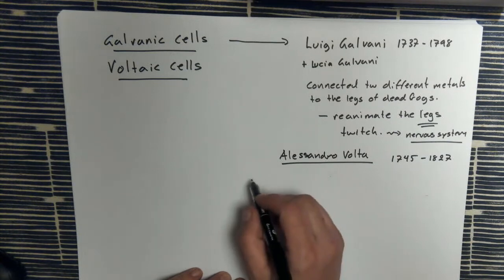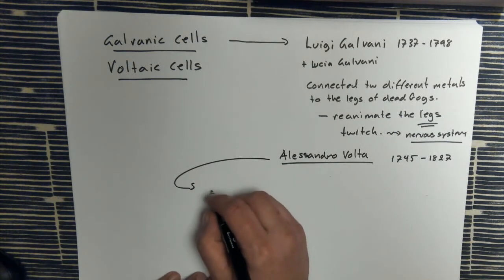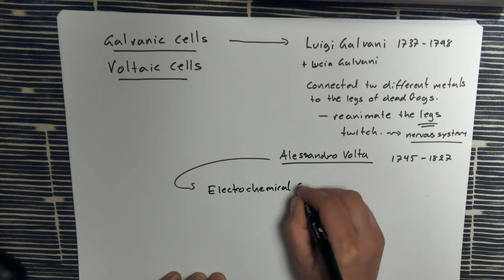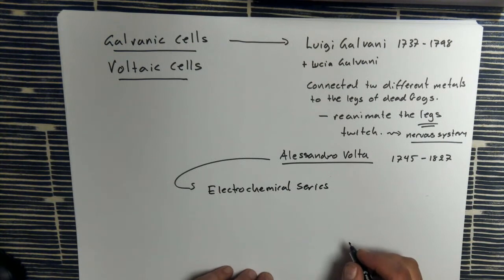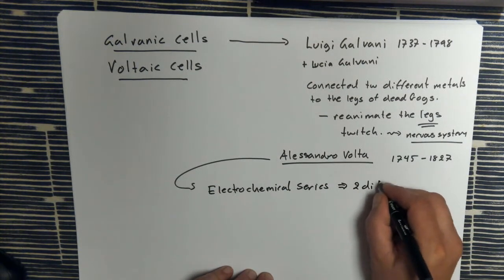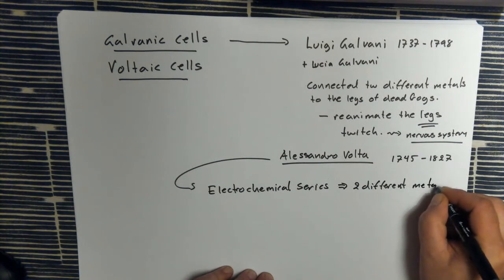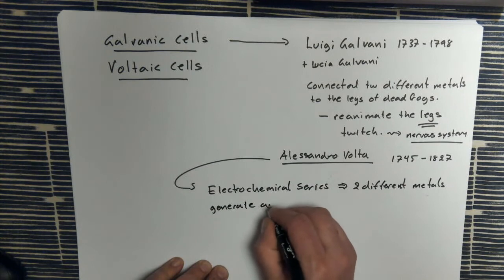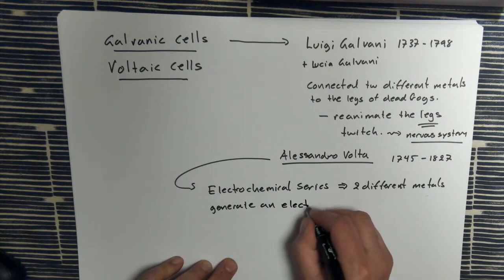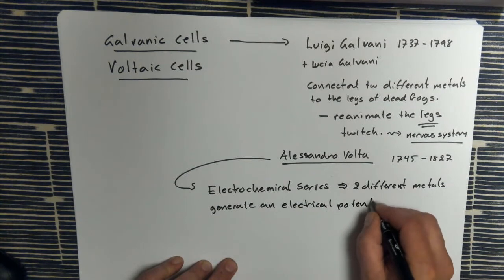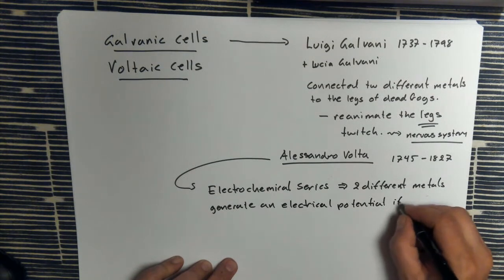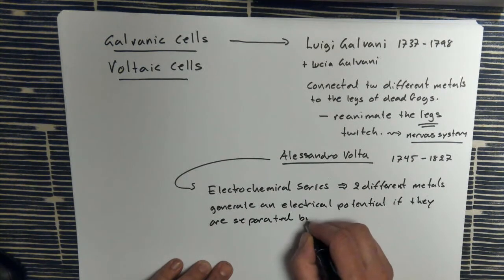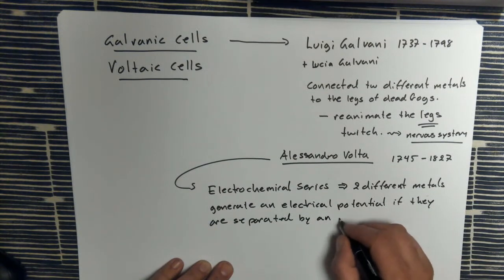And so Alessandro Volta is credited with being the first person to recognize something called the electrochemical series, which is if you have two different metals, they can generate an electrical potential if they are separated by an electrolyte.